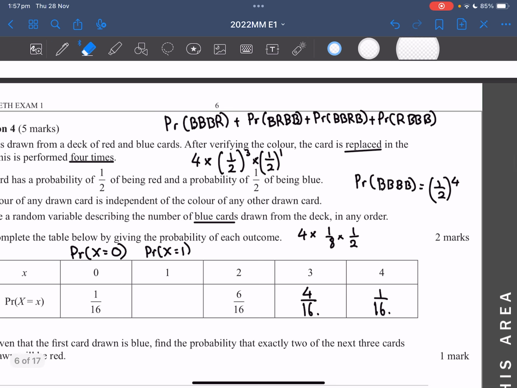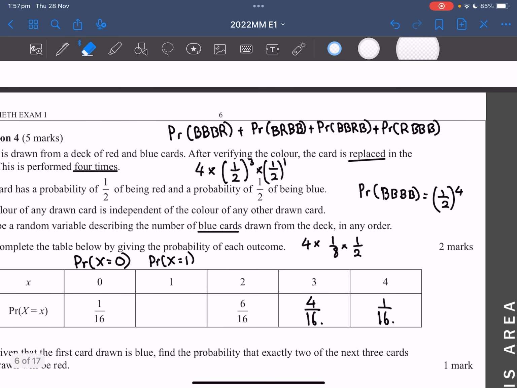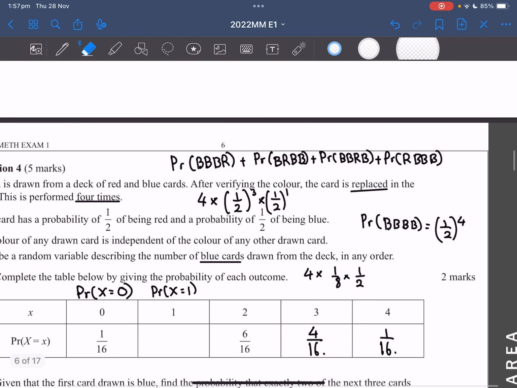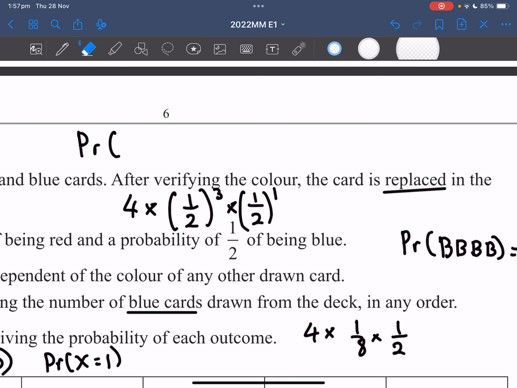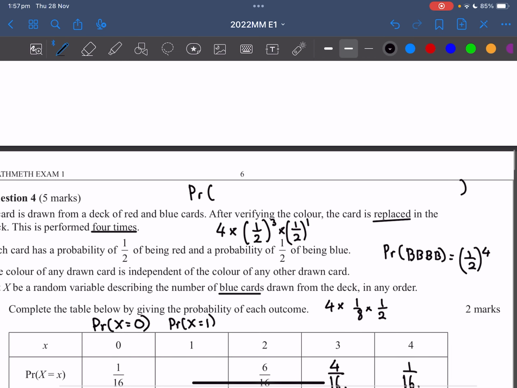Now, why I was saying that the probability of X equals 1 is the same as X equals 3, I'll show it to you now. The probability of having just 1 blue is the probability of blue, red, red, red, plus red, blue, red, red, plus red, red, blue, red, plus red, red, red, blue.